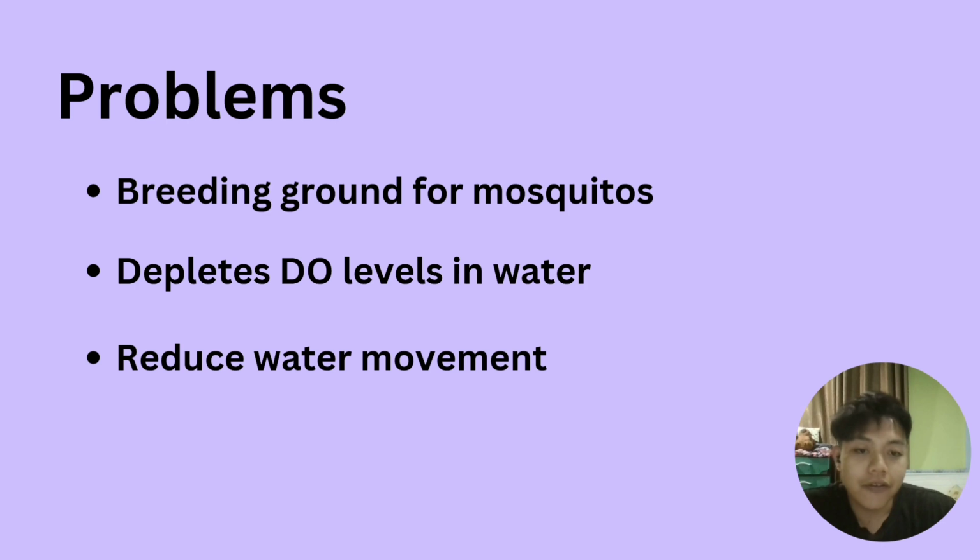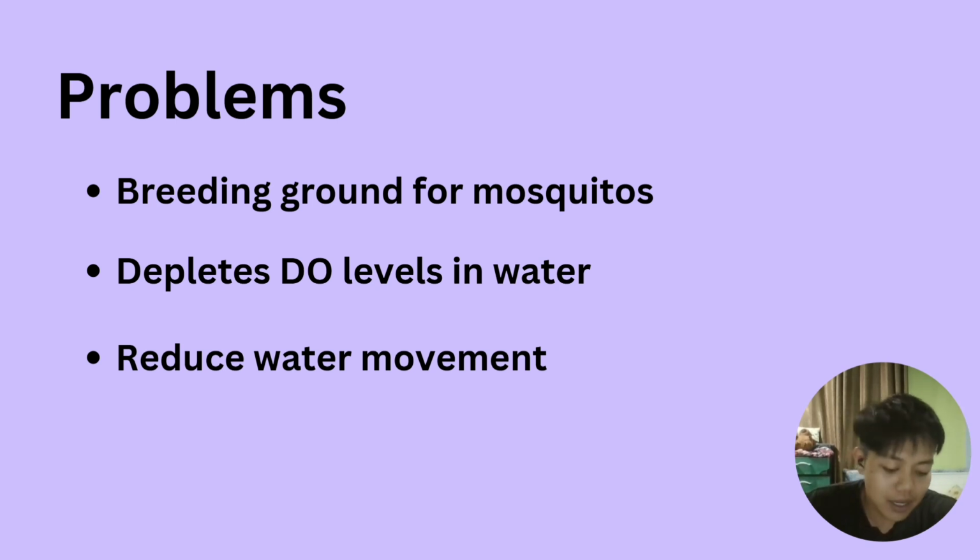So if a species is extinct or they move to a different place because there is not enough oxygen nearby, it will become a problem for another species that consumes the species that I have mentioned. So that's why it can really harm the ecosystem of the river.